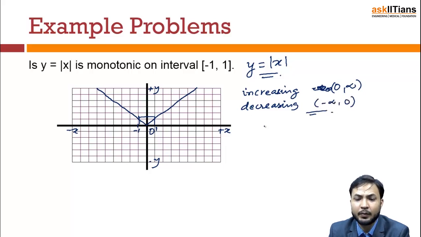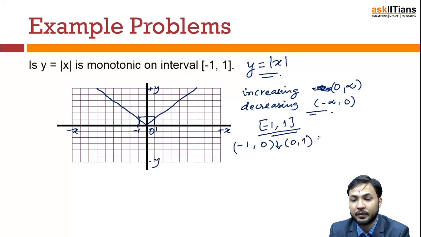So in the intermediate zone, that is the zone that we need to calculate in this part, the function first is decreasing from minus 1 to 0, right? And then it becomes increasing in this domain, right?